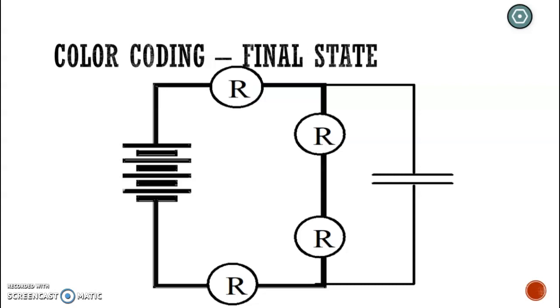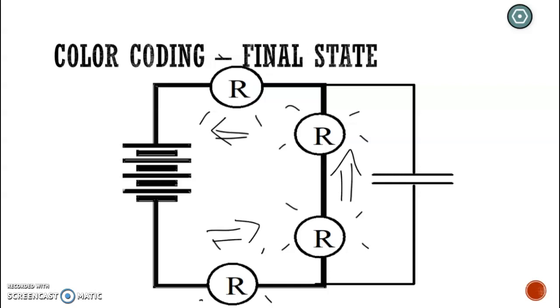Just to finish this off, eventually this is going to reach its final state where all the bulbs are the same brightness and we see the same charge flow through the whole circuit. Again, this top wire here is going to stay red always, and this bottom wire here is going to stay blue always.